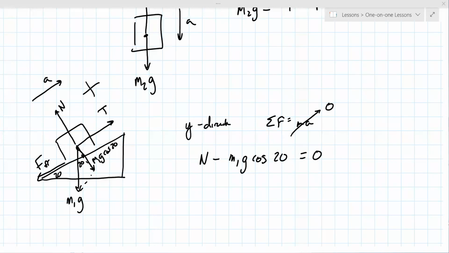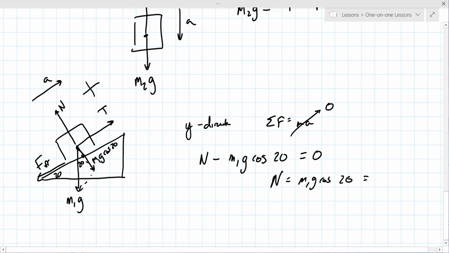Is that okay? Yes. So you can solve for N: N equals m1g cosine 20. You can get a number for that if you want, but it's not necessary at this point.